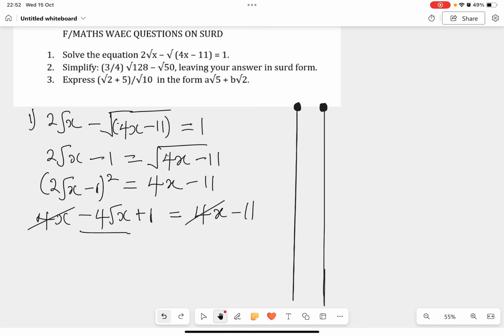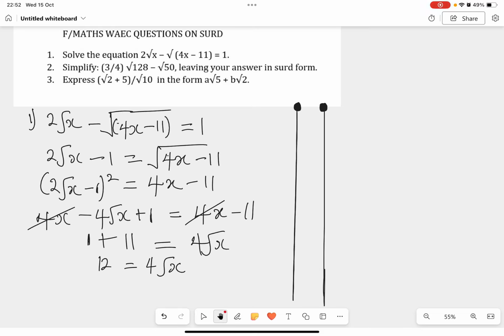So that's exactly what I will do, so that I now have 1 plus 11 equals 4 root x. Then I have 12 equals 4 root x.